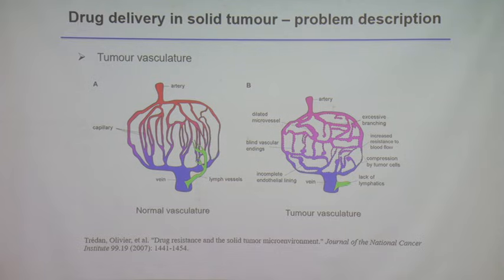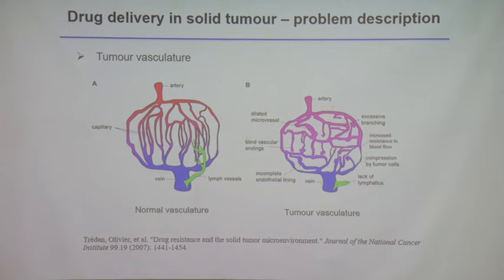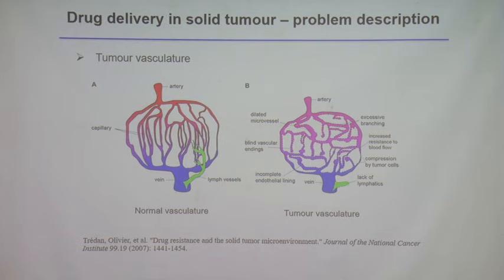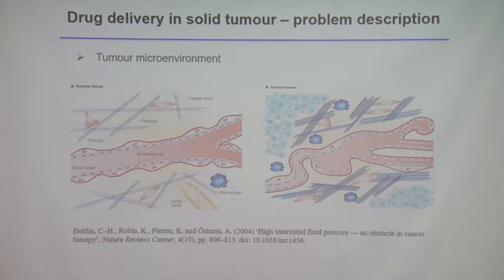So we can see the differences between a normal vasculature and tumor vasculature. Their morphology is different. Tumor vessels are more tortuous, curved, and also more leaky. So the vessel transport properties are different. And this is the tumor microenvironment.